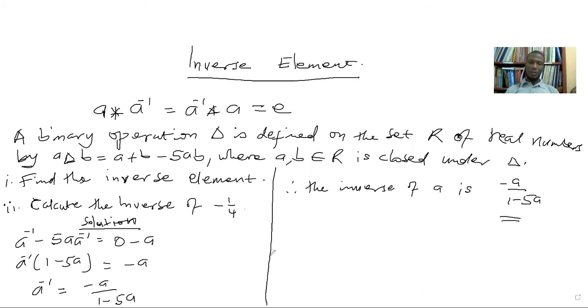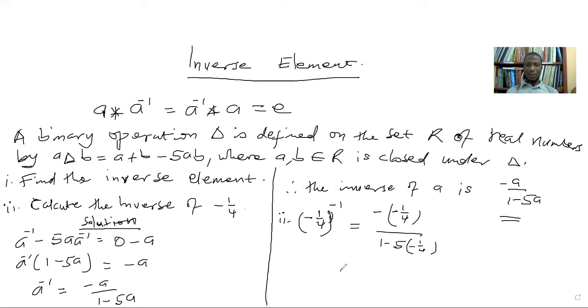Then now we are going to the second part. Whenever they ask you to find the inverse of any number, simply wherever you see the variable, you fix the number there and find negative 1 over 4 over 1 minus 5 times negative 1 over 4.